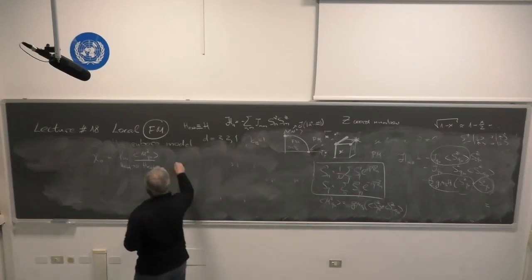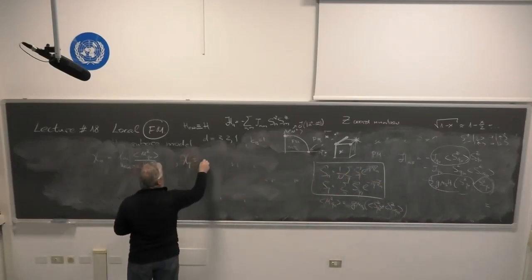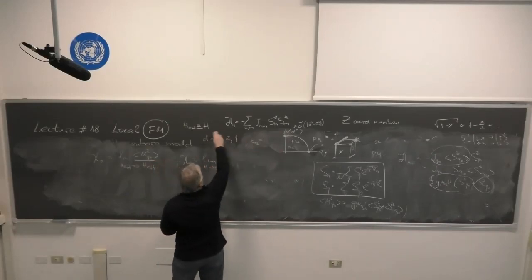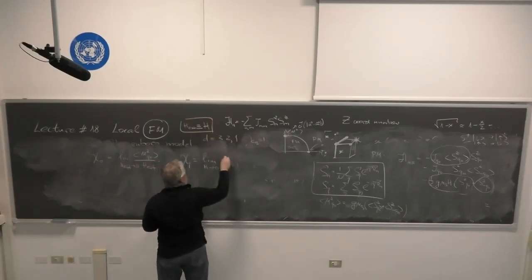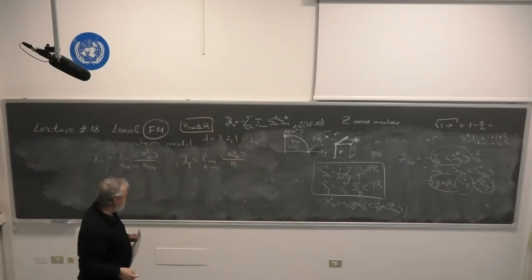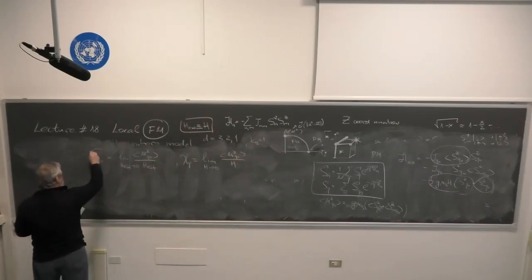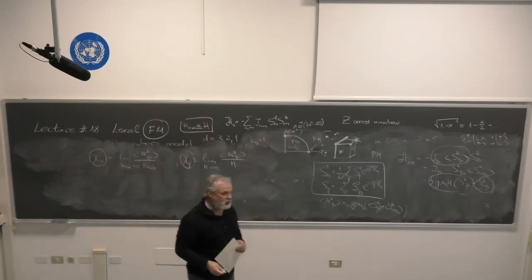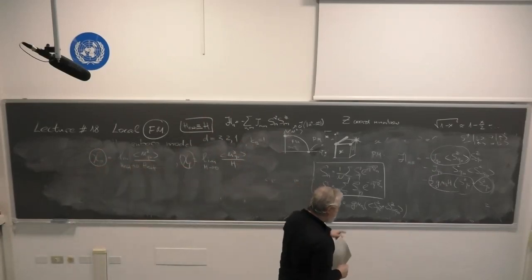And chi_Q is the limit as H goes to 0, namely the external magnetic field goes to 0, of m_z Q node divided by H. So this is what leads to Curie, and this is what leads to Curie-Weiss. The only difference is that I see the Q dependence. So I take into account fluctuations.